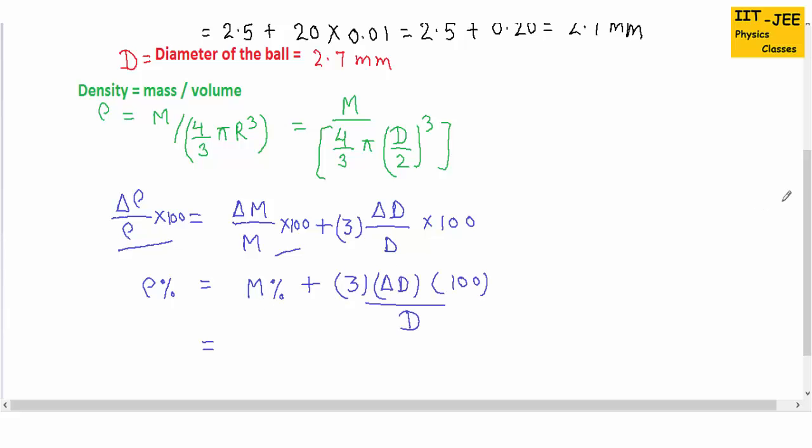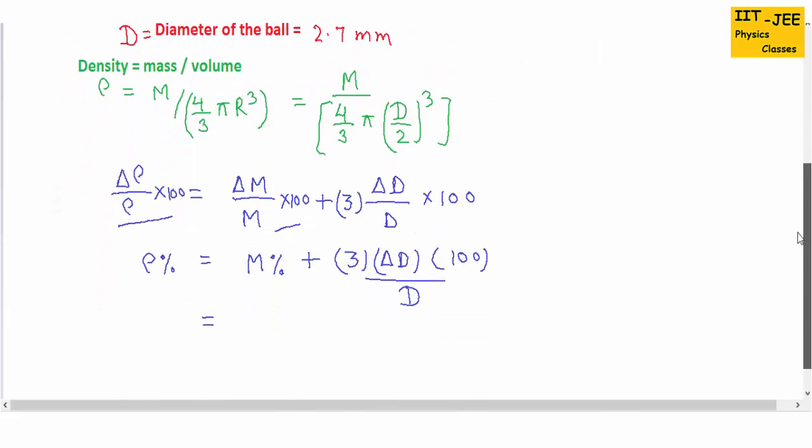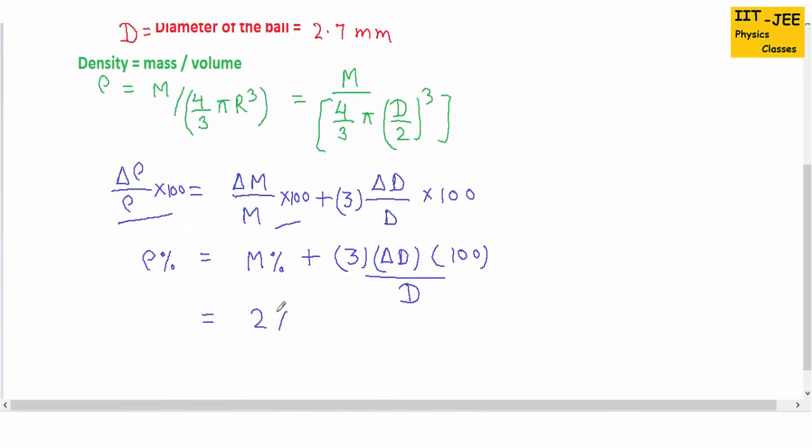Percentage error in mass is given as 2%, so plug in here 2% plus 3 times delta D. Delta D is the error in diameter, and error in diameter means error is like least count, resolution, deviation, variation, uncertainty, all are the errors. So delta D is the error in diameter, so we will put here the value of least count.